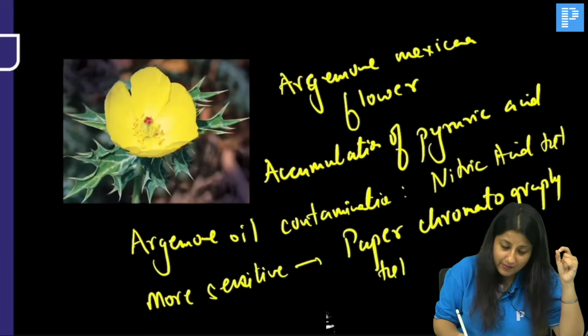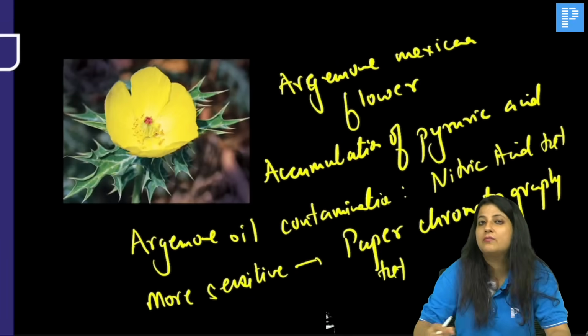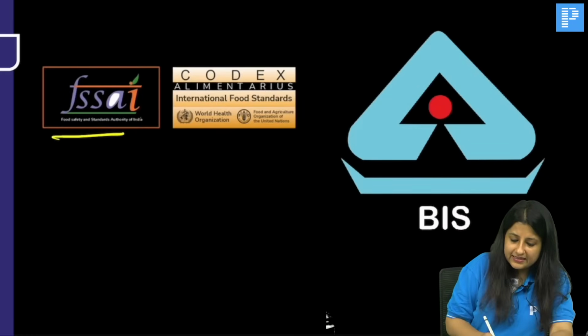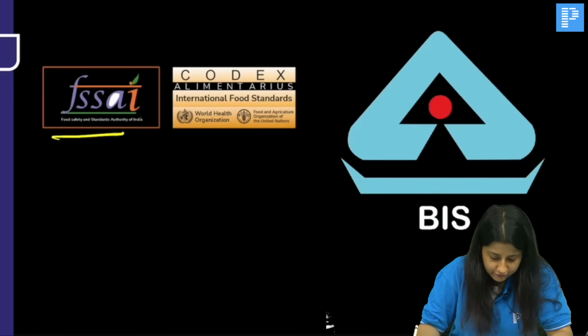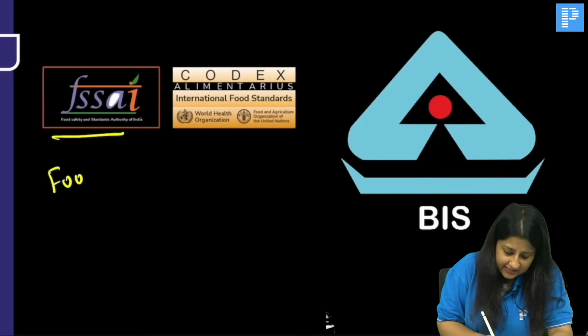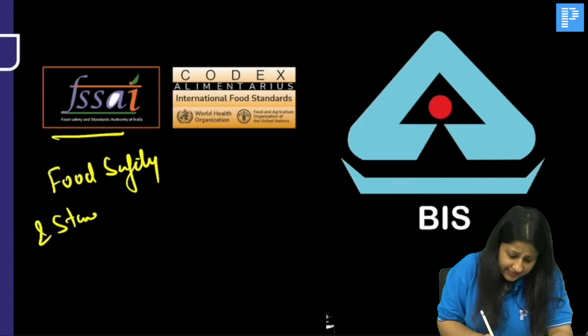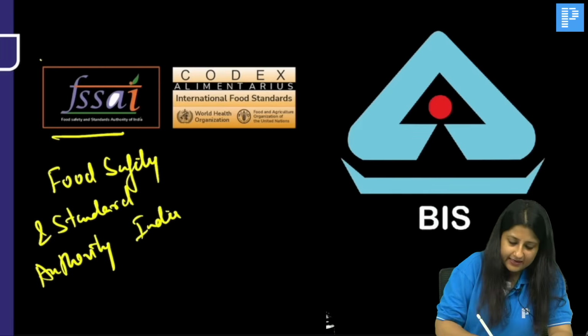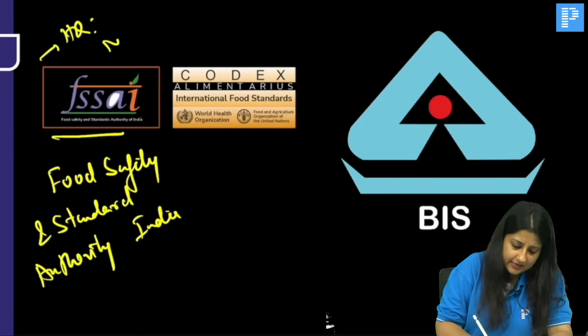So you should remember this epidemic dropsy, you should remember neurolathyrism. Okay, a couple of food logos. This is FSSAI, Food Safety and Standards Authority of India. The headquarters of FSSAI is in New Delhi, okay.